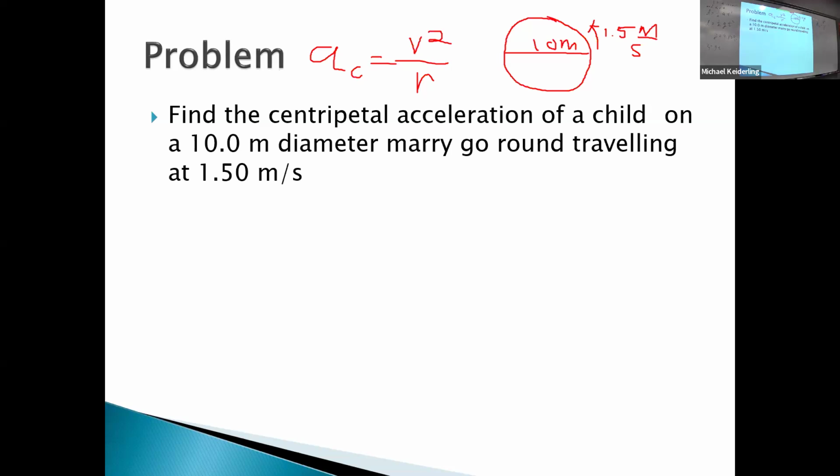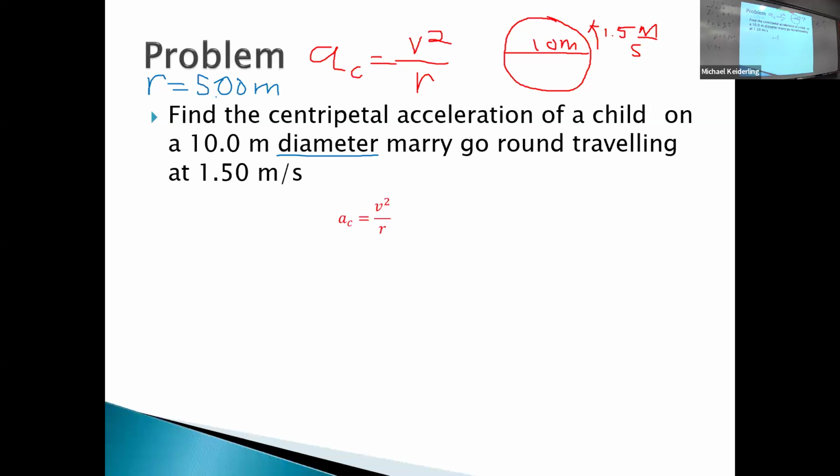So, note, again, 10-meter diameter. So we want radius. That's going to be 5 meters, not 10, because it will be half the diameter.